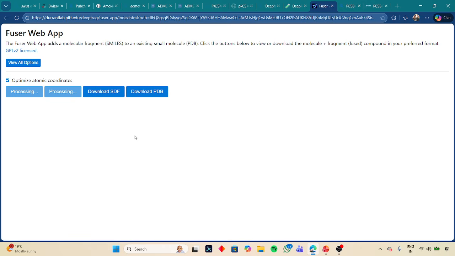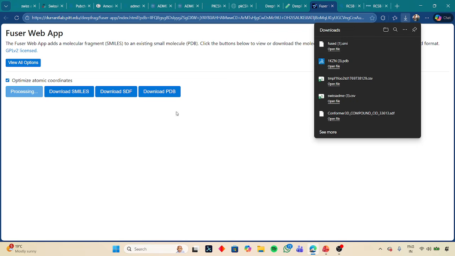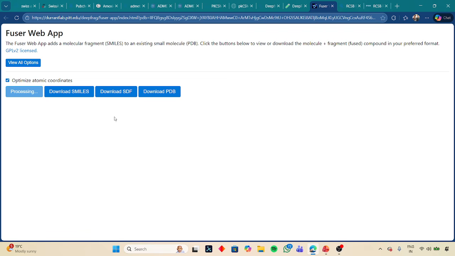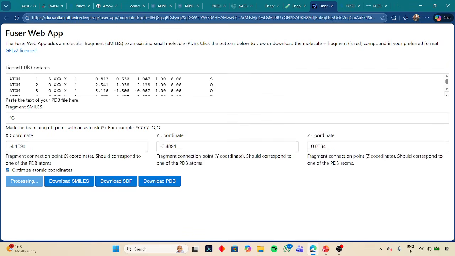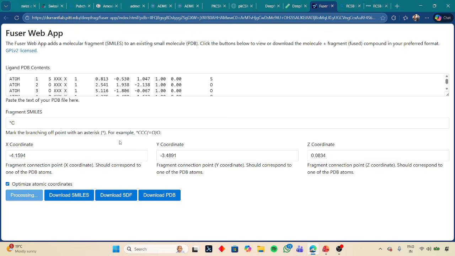So we have clicked on that, and it is currently processing. We have downloaded the files, and you can see that this is your ligand molecule SMILES.